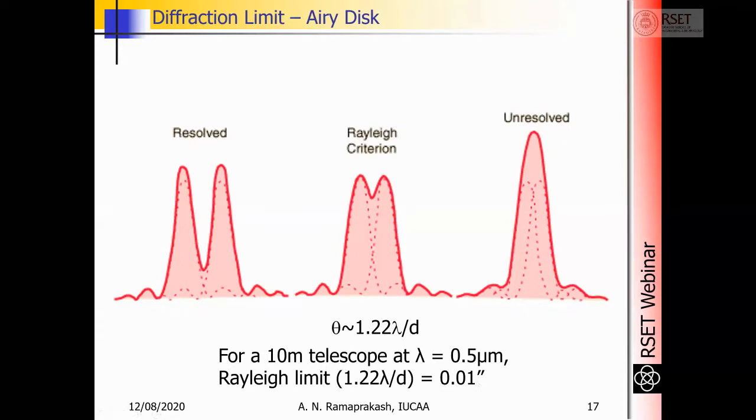So if two stars are separated by 0.01 arc seconds in the sky, and I'm observing with a 10-meter telescope at a wavelength of half micron, I should be able to see them as two separate stars. That is what is theoretically predicted.